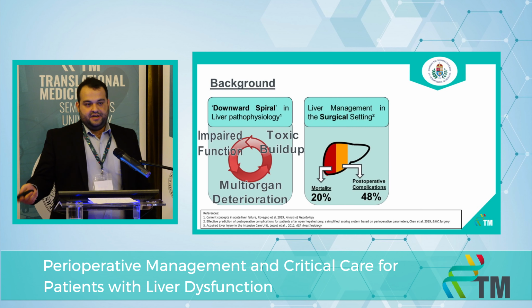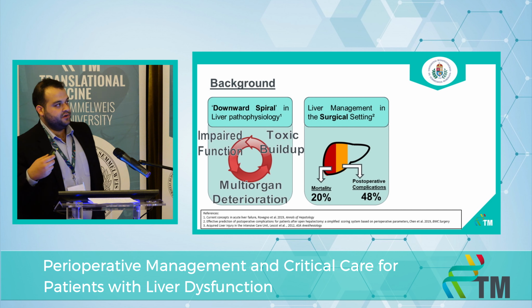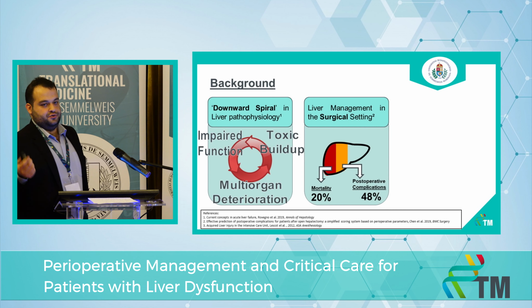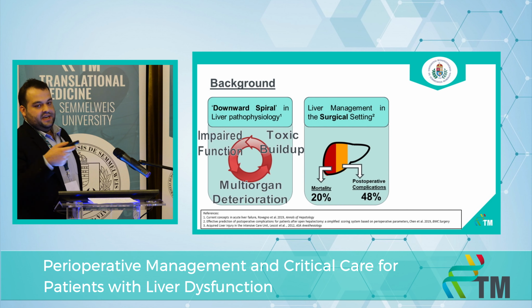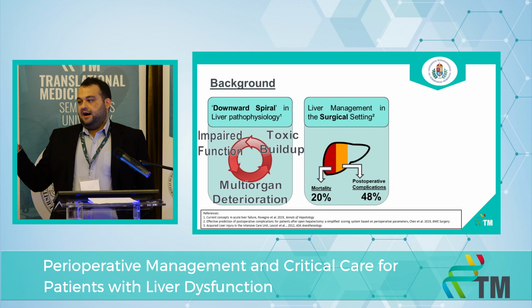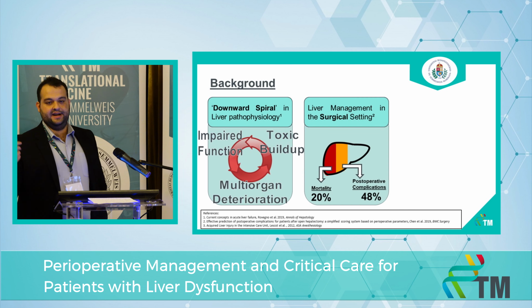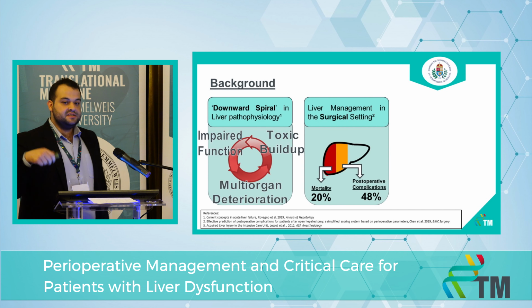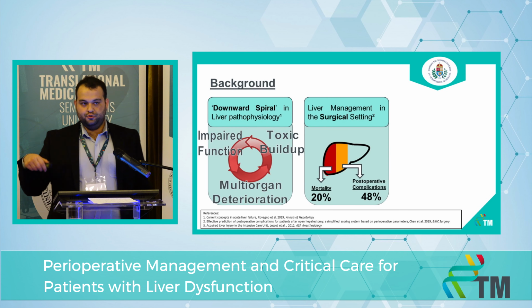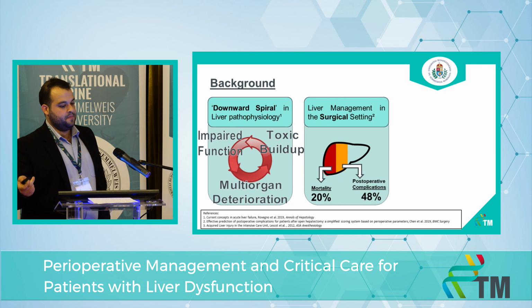And you can see the reality of the situation when you consider that in the liver surgery settings, the complication rates can reach as high as 48%, and the mortality can be as high as 20%. And this is after decades of improvement in the safety of these surgeries.